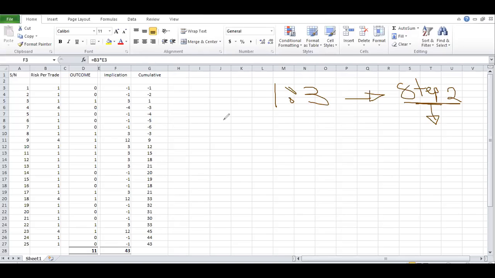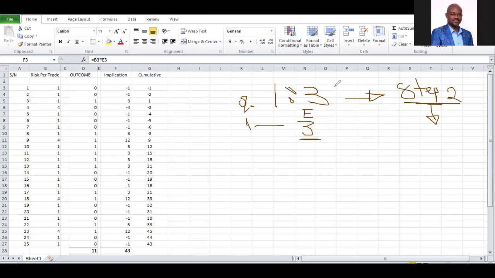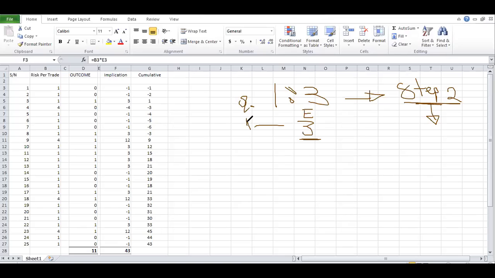So what this means is that if I take the very first trade at 1% and it's a winner, my account will be up 3%. This is equity. Now, because I'm up 3%, I would traditionally risk only 1% per trade. So the next trade, I'm going to add this 3% to the 1% I would traditionally have risked.